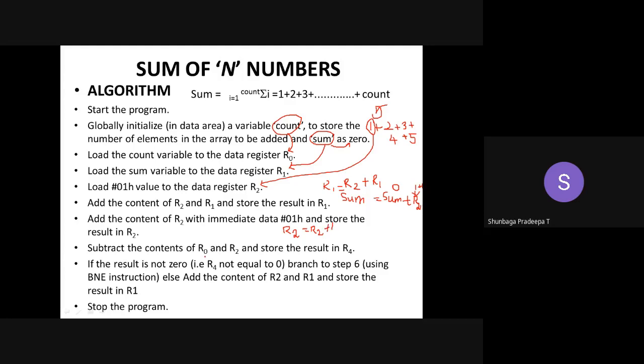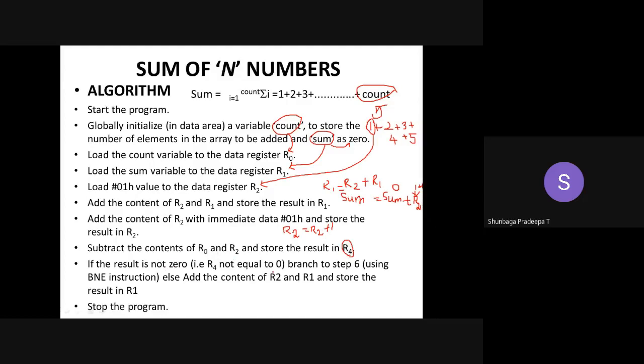Next we are checking whether we have reached the count. How can we do that? I subtract R2 from R0 and store the result in R4. R0 contains my n value, and I subtract R2, the current number I am adding, and see whether it is equal to 0.